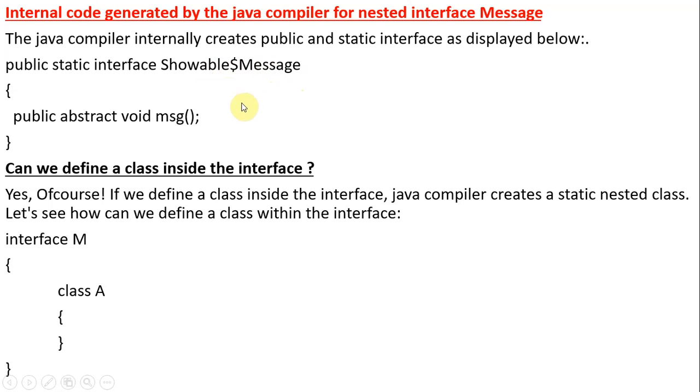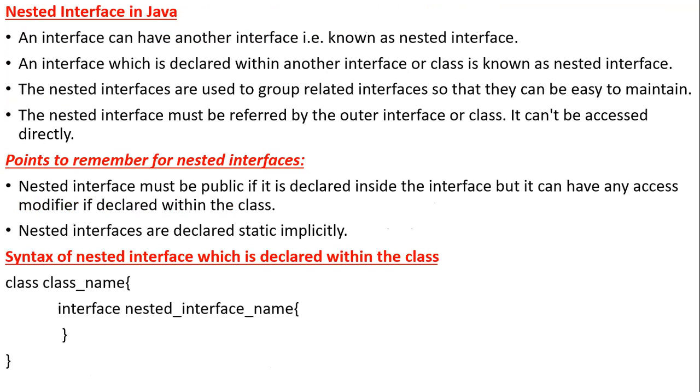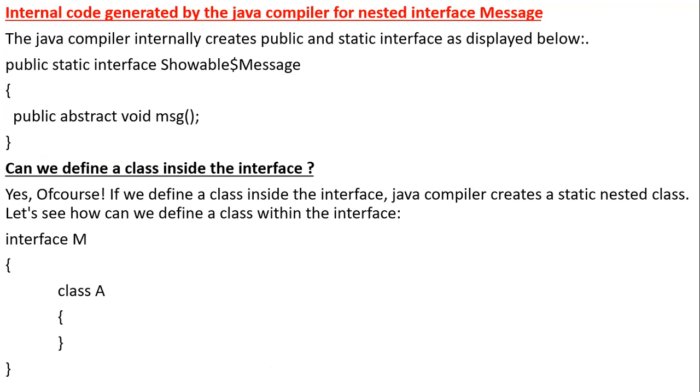Message is the nested interface of Showable, so those are separated with a dollar sign. The interface should be public static, and in that we have a public abstract message method. Okay, the code developed internally by the compiler looks like this.